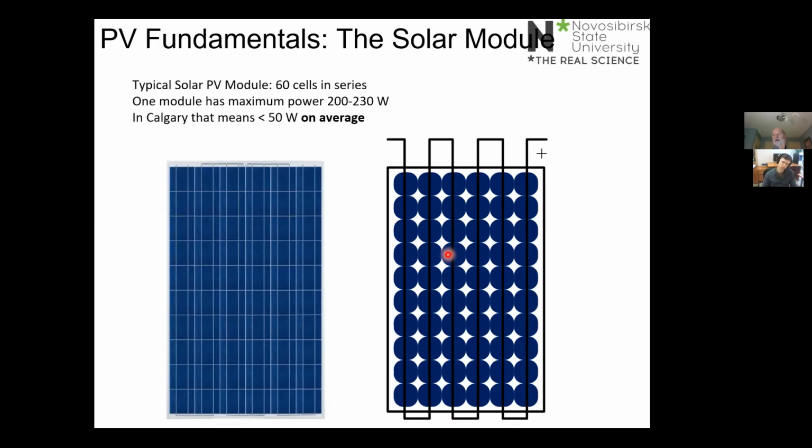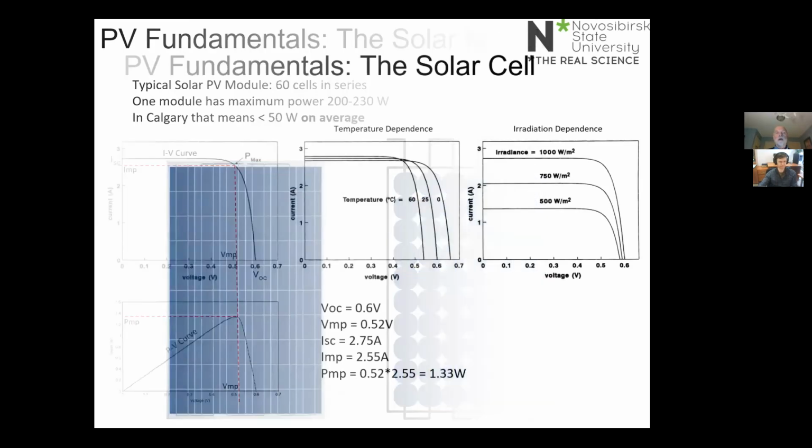That's the reason behind the statement that I've made a couple of times already, that the effect on the power output of shading a certain percentage of a PV array is much, much greater than the percentage that is shaded.